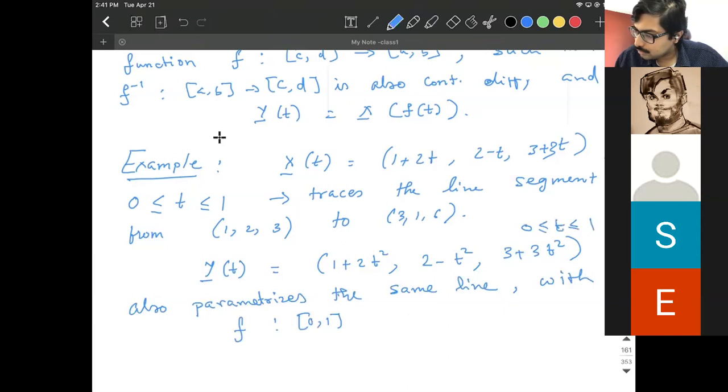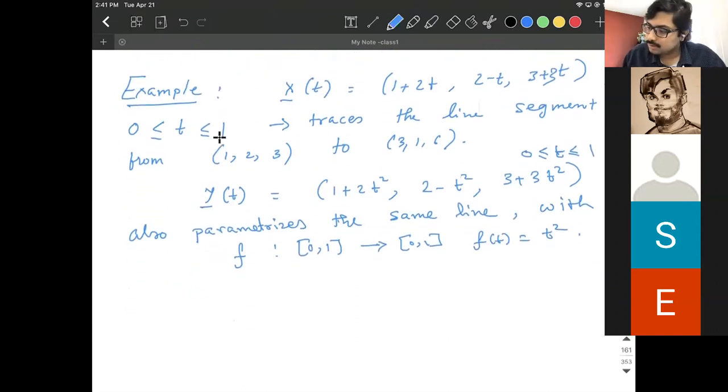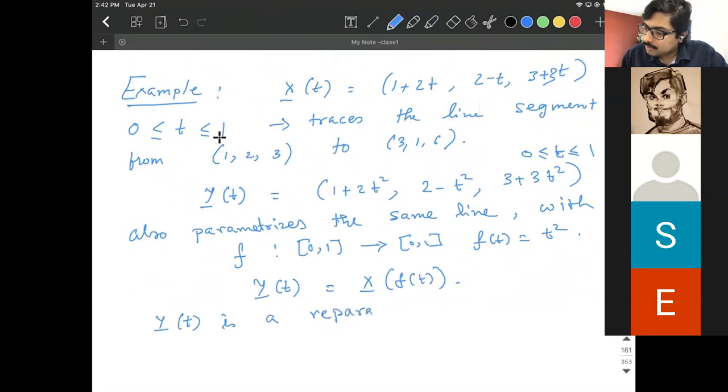So t varies from 0 to 1. So you need a function f, which is given by the obvious choice, f(t) equals t squared. Okay, so then you can write y(t) equals x(f(t)). So y(t) is a reparametrization of x(t).